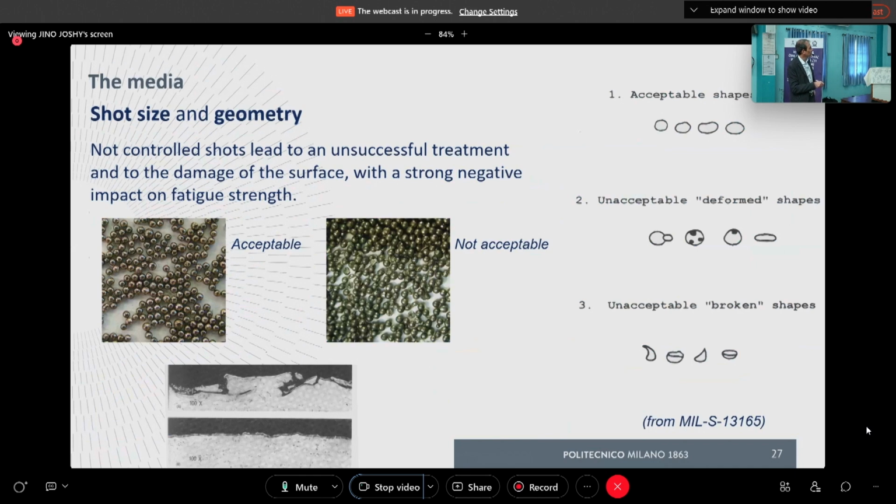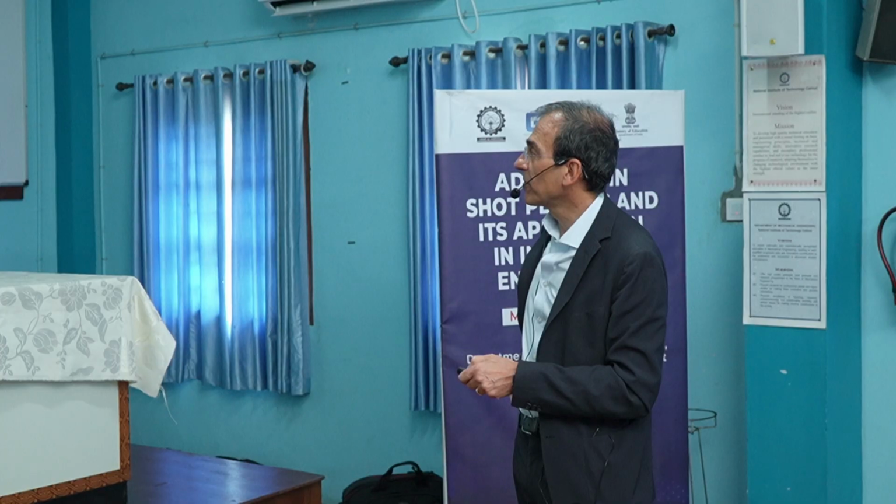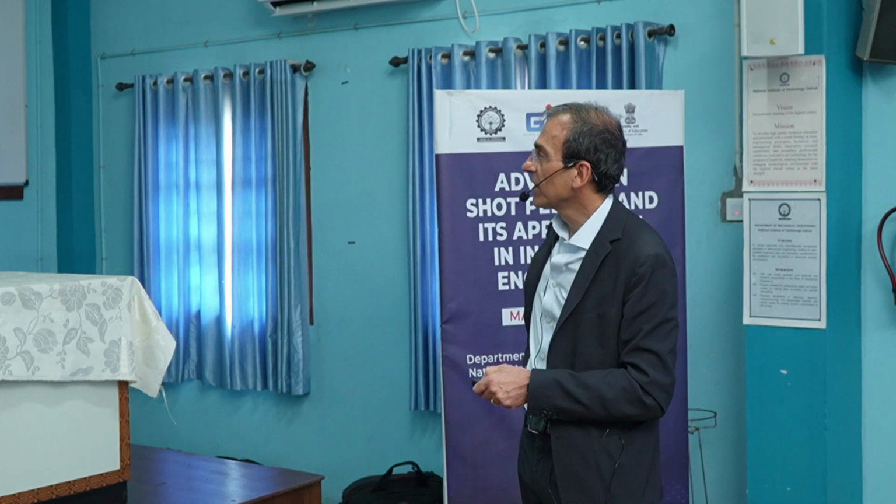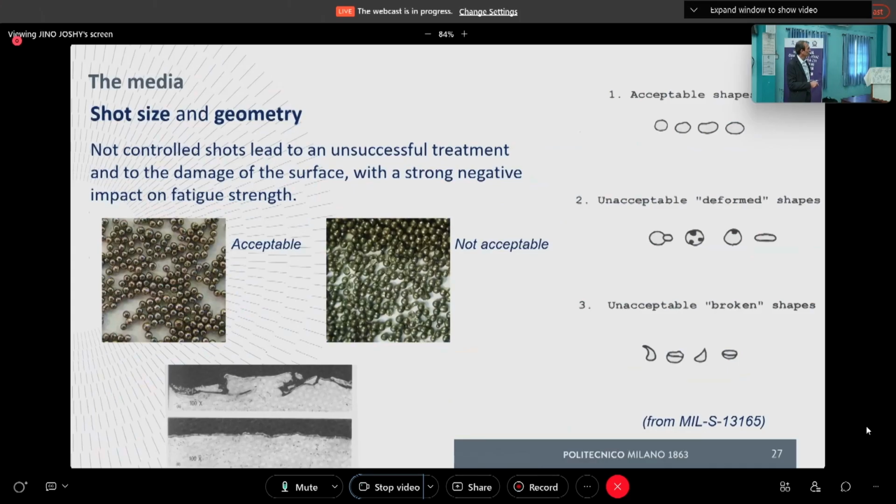These are acceptable shapes, so we don't need the shot to be fully spherical. We can tolerate some deviation, but we cannot tolerate any sharp edge. And we cannot accept strongly deformed shapes like this. Why? Because we can have contact conditions in these cases that could damage the surface itself.